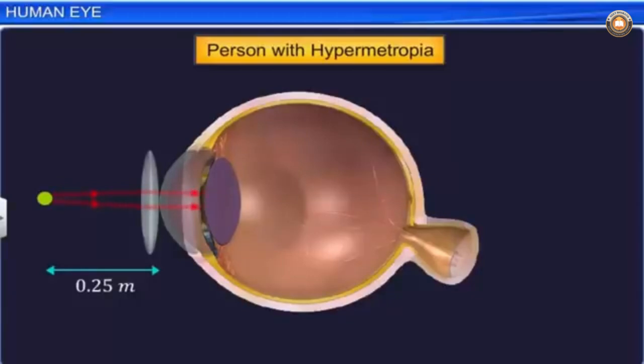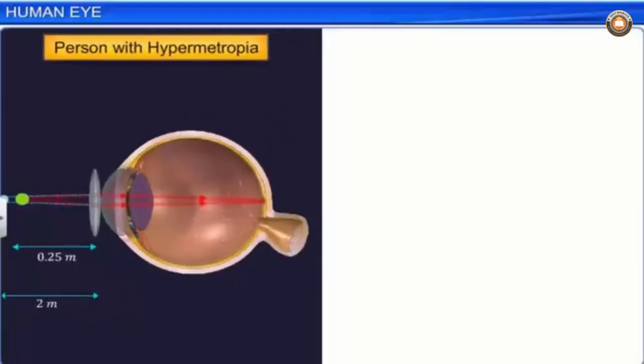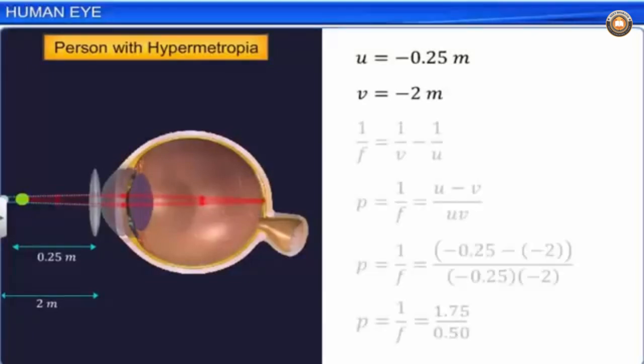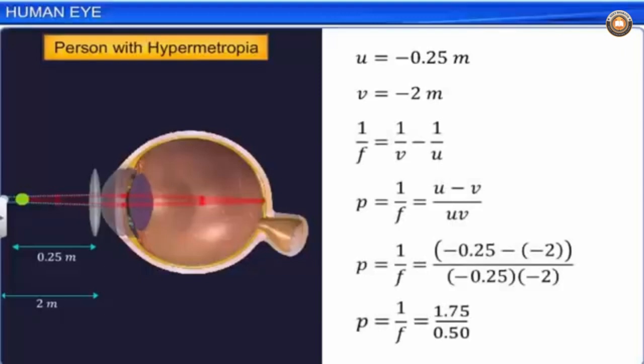This image will act as an object for the eye lens. That means if u is equal to 0.25 meters, then v must be equal to 2 meters. Substituting these values in the lens formula and solving for the optical power, we get power P is equal to 3.5 diopter.